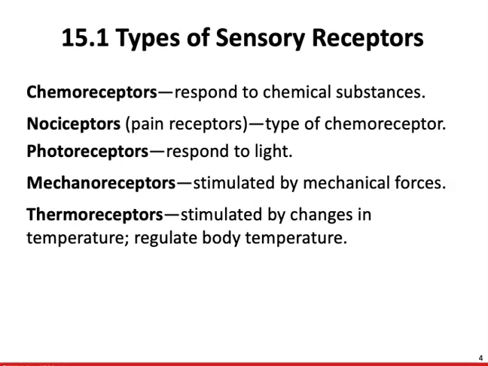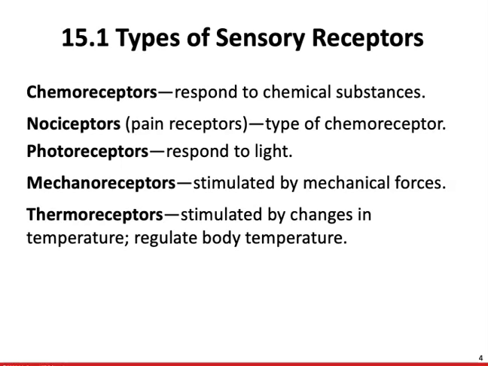Nociceptors, or our pain receptors, are a specific type of chemoreceptor: naked dendrites that respond to chemicals released by damaged tissue. When your tissue is damaged, it releases a particular chemical that is picked up by the nociceptors, which our brain then interprets as pain.